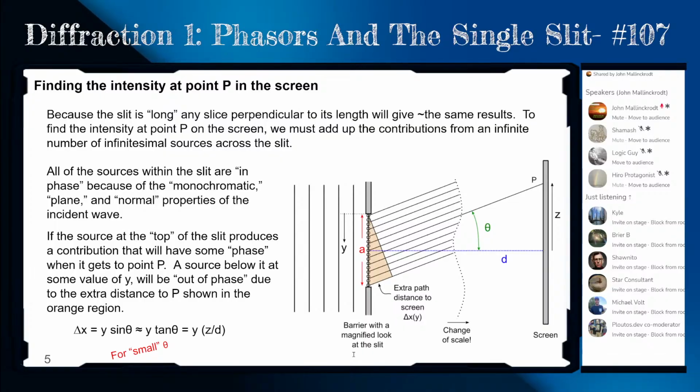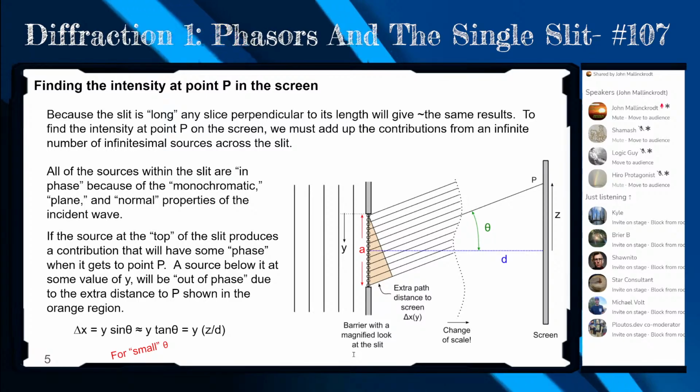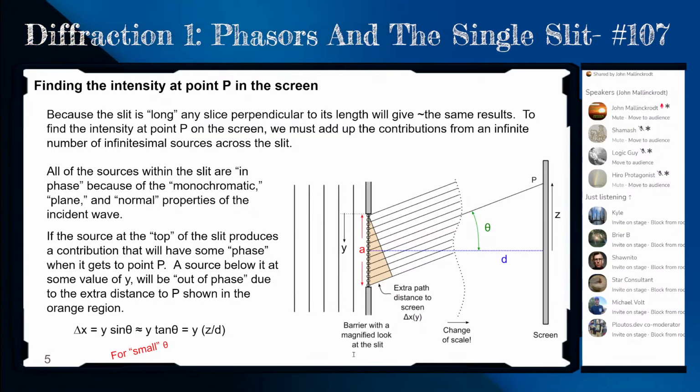And I'll say just this one thing about D. I'm not going to spend much time worrying about what D is, other than I want D to be very large compared to the slit aperture. Typically, the slit aperture will be a millimeter or less.